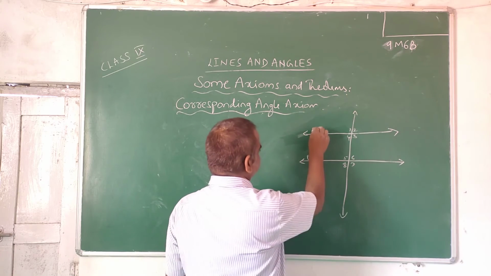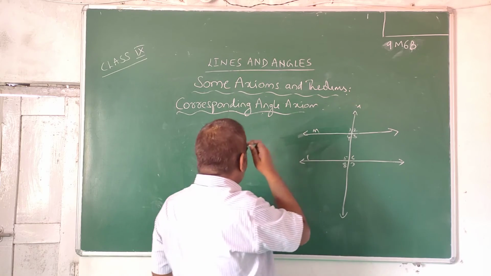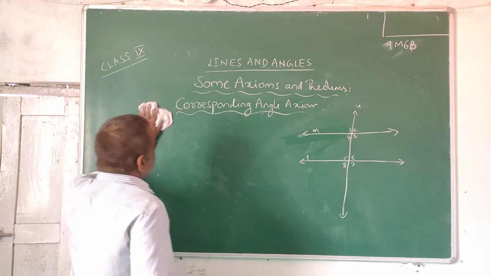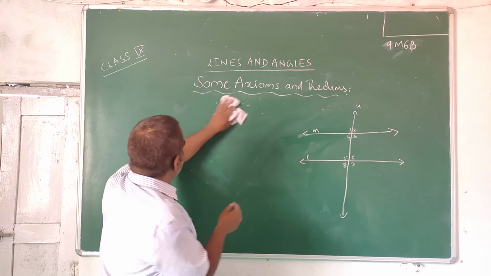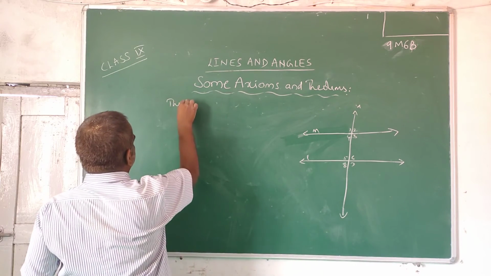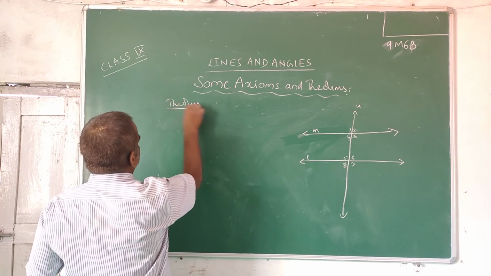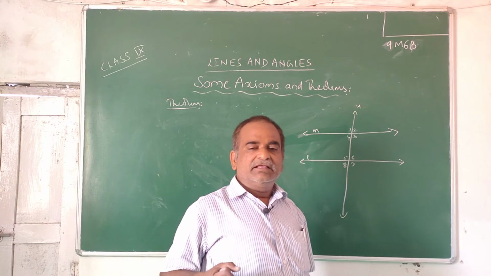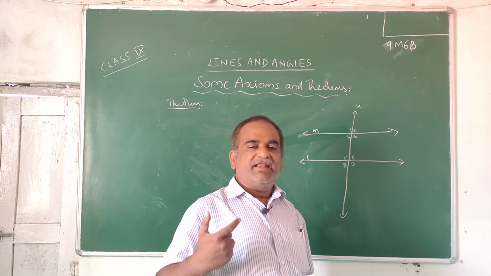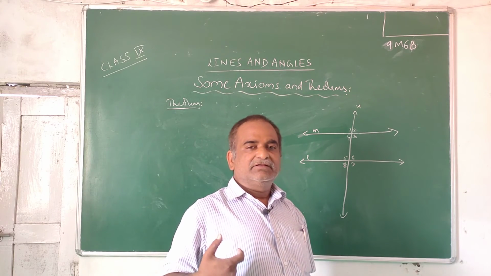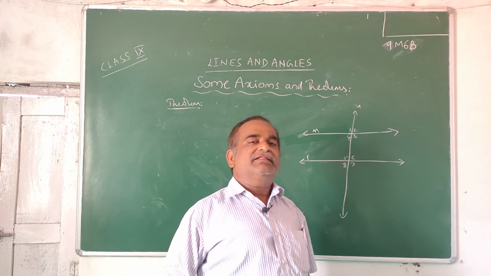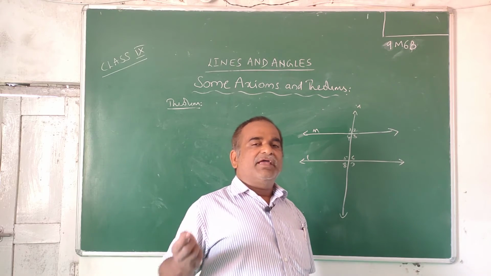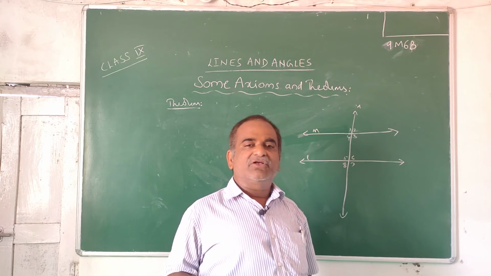Next, now we are going to discuss one theorem. This is not an axiom, this is a theorem. The theorem is: if a straight line, or a transversal, is intersecting a pair of parallel lines, then alternate interior angles are equal.